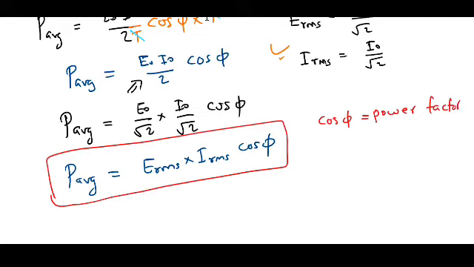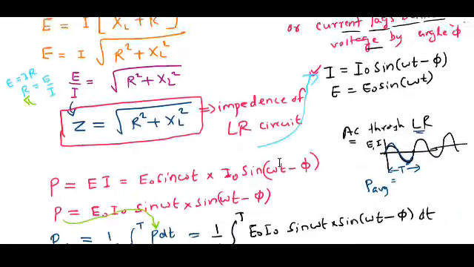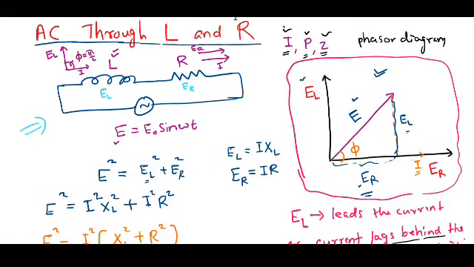Here, if you know the value of this phi, that can be easily found out from this phasor diagram. If you come back to this phasor diagram, if you look at this expression, that is this angle phi. cos phi is the adjacent side, that is ER, divided by the hypotenuse, that is E. This ER is nothing but I into R, and E is nothing but current into impedance in the circuit.